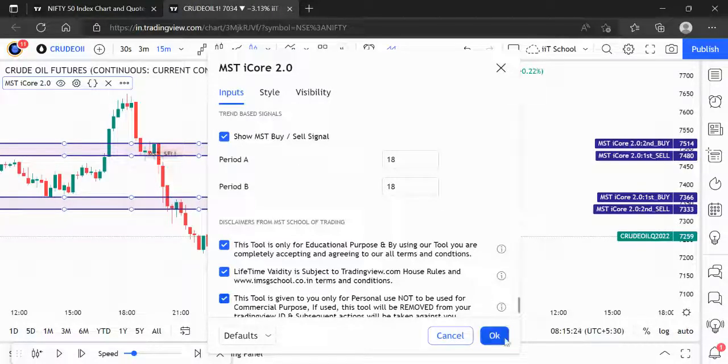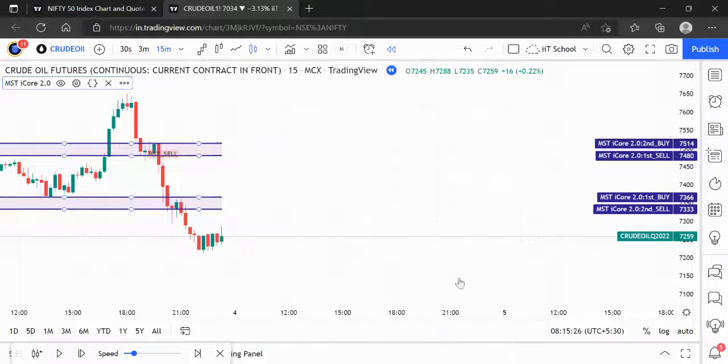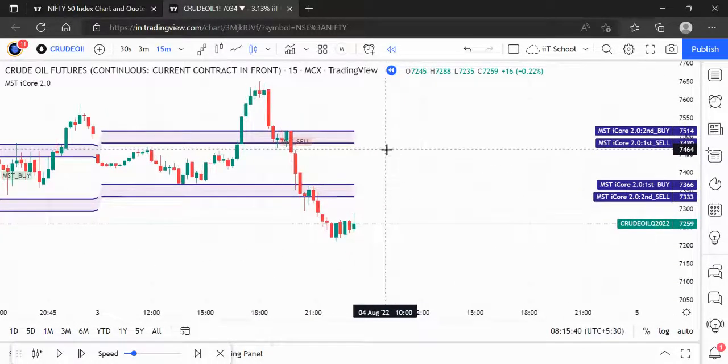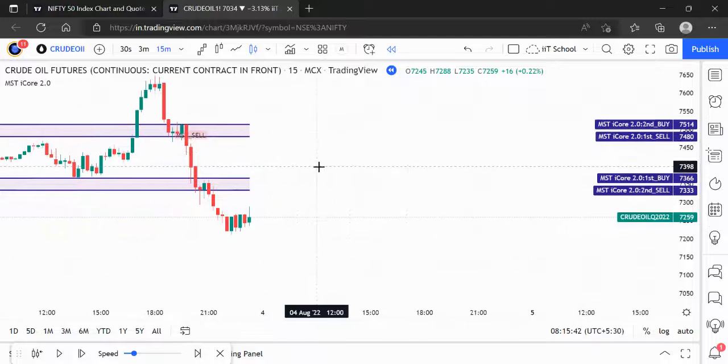It will literally mention where to buy and where to sell. See here, according to this, at this candle, that is the 8 o'clock candle, the sell entry got activated and we got very good profit. And before that itself, with our default trading, we got the buy entry and we got all the targets achieved.